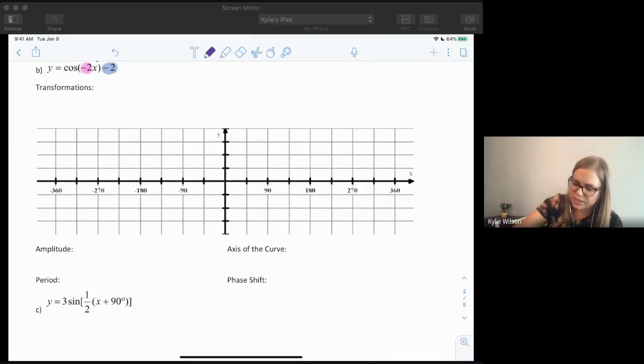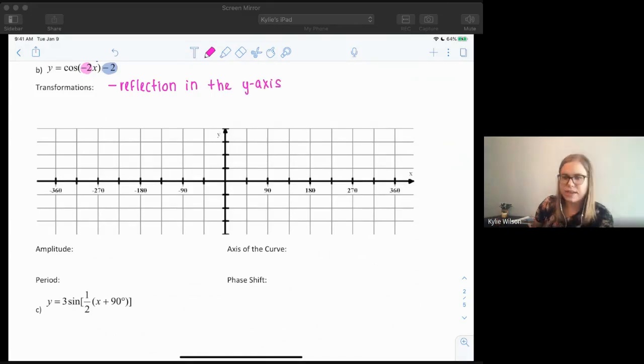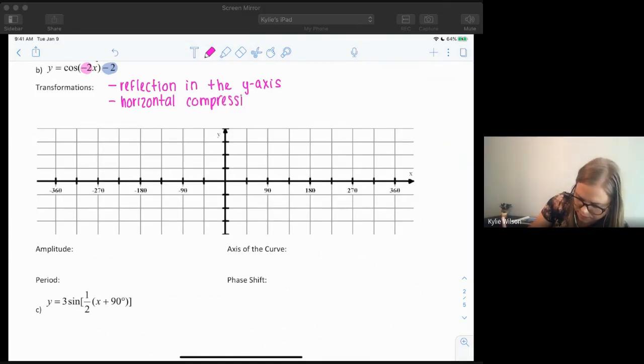So let's first start by writing out what these things do. My k value is negative, so I'll have a reflection in the y-axis. Because my k value is 2, I would have a horizontal compression of 1/2.